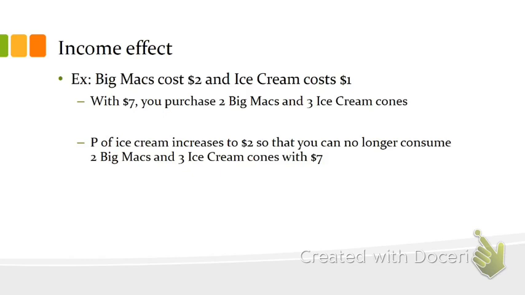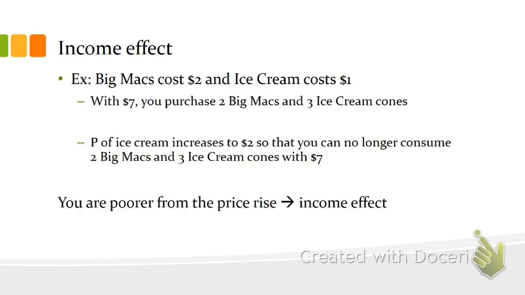If the price of ice cream rises so that you can no longer consume that with $7, and our income is fixed at $7, what am I going to have to do? Yeah, we have to buy less. Which would we buy less of if the price of ice cream went up? Yeah, we buy less ice cream. So income effect: you're poorer from the price rise. That's the income effect.